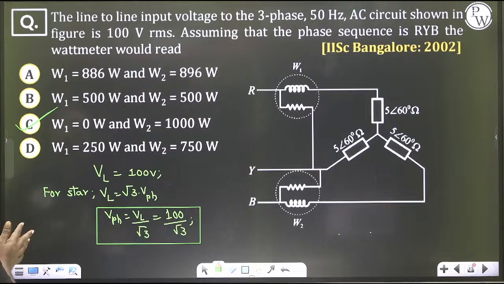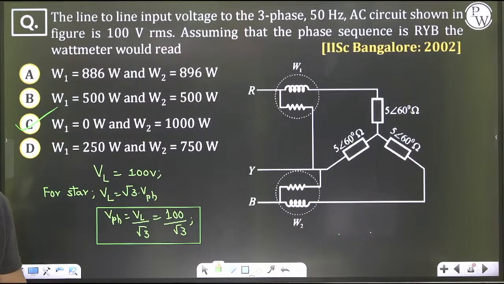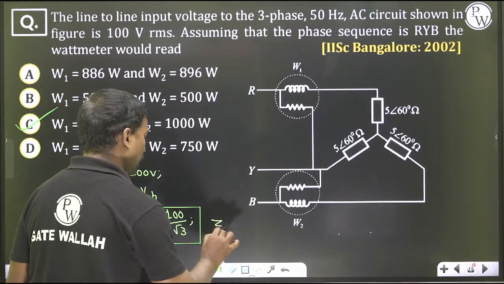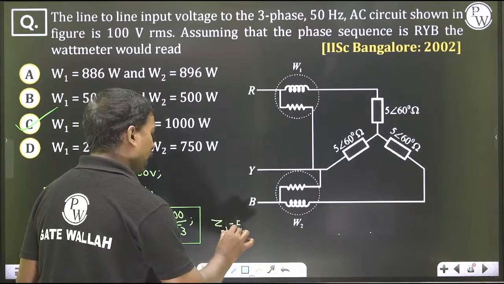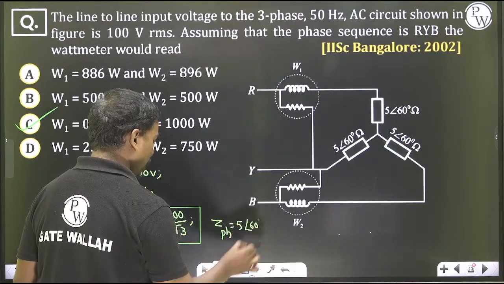Next, IPH, how to find? ZPH is given as 5 ohms, 5 at 60 degrees.